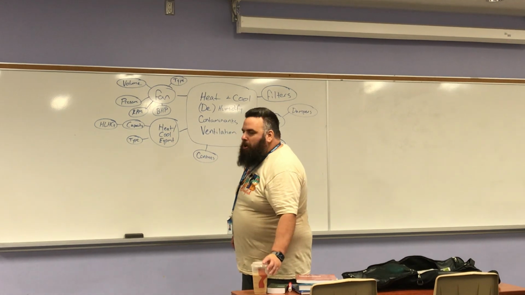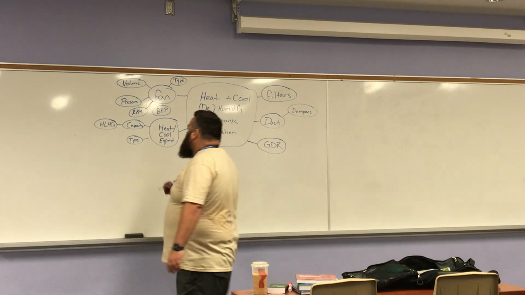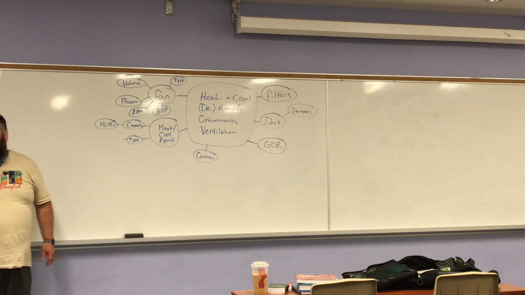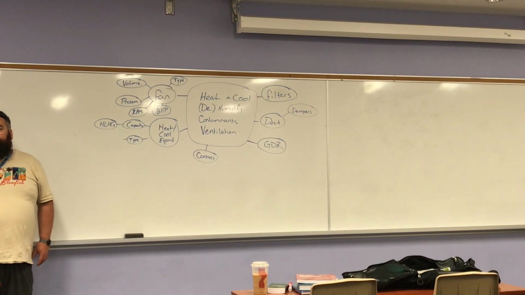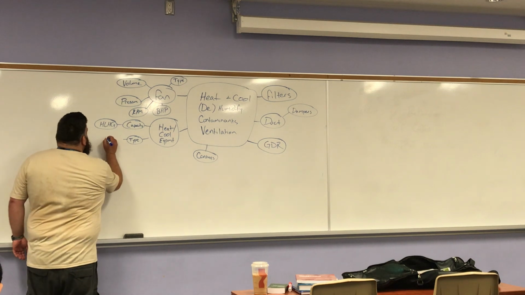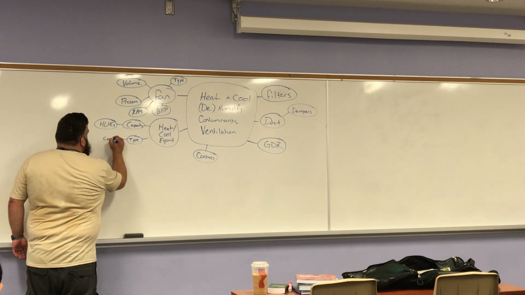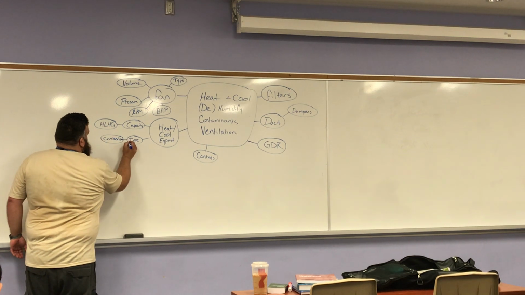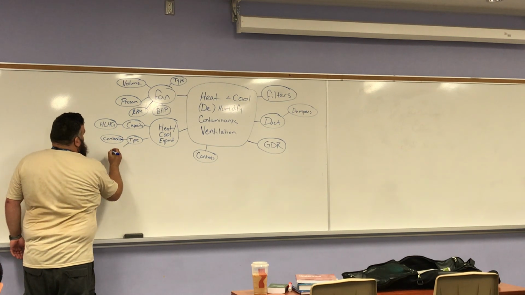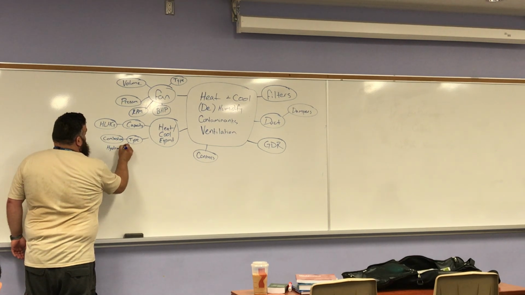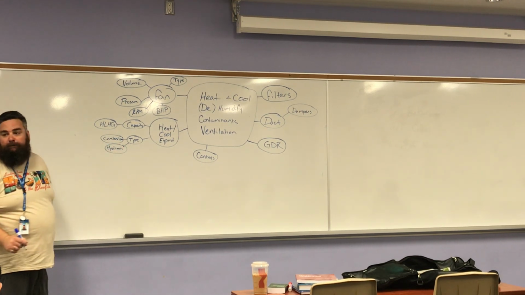Gotcha. So if that's the case, when we're talking about furnaces, we're talking about combustion at that point, right? So we're burning something to create heat. Gas combustion versus, let's say, hydronic, which would go back to combustion potentially at some point, right?